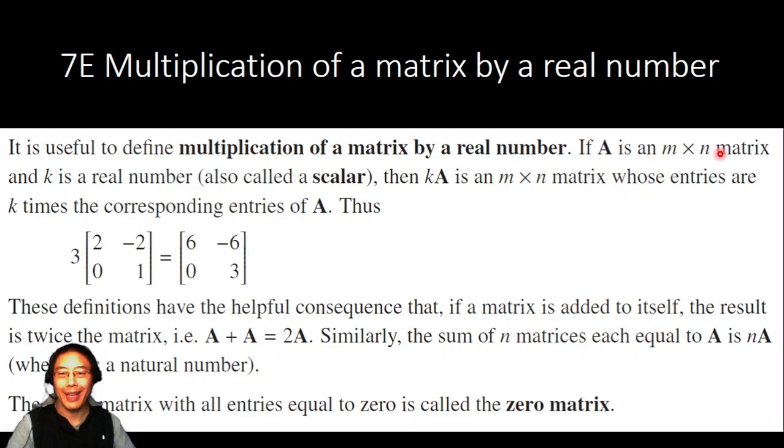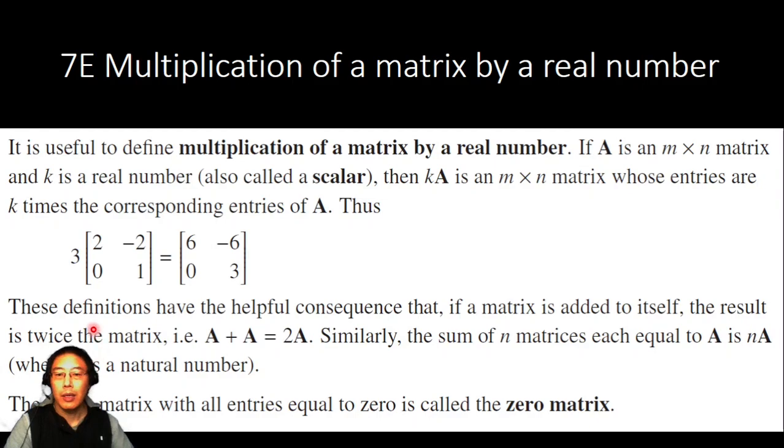When you multiply by a real number or a scalar, the product, the answer is a matrix of the same dimension, but the entries now have been multiplied by the real number or the scalar. In this situation, they define it as k. So below is an example. You have that 2 by 2 matrix, that gives you a 2 by 2. Each entry will be multiplied by 3.